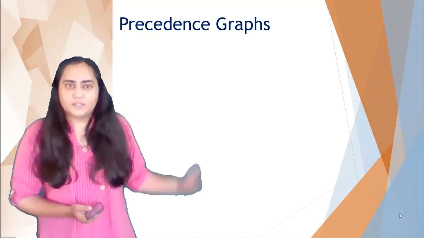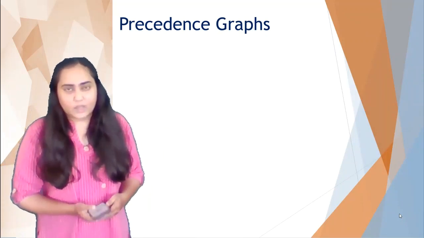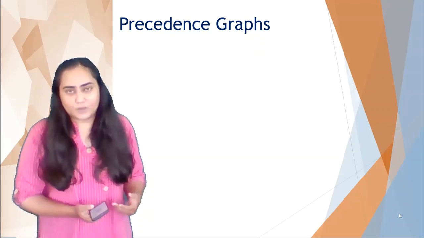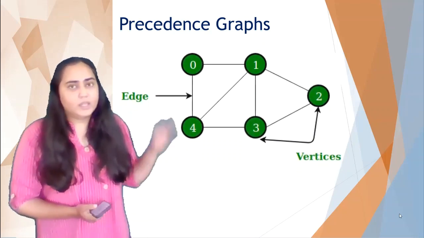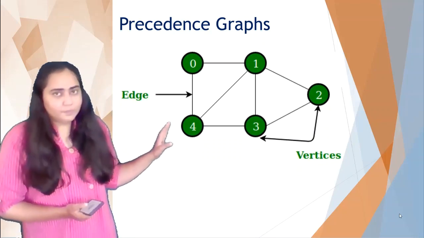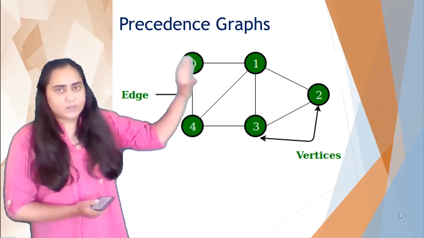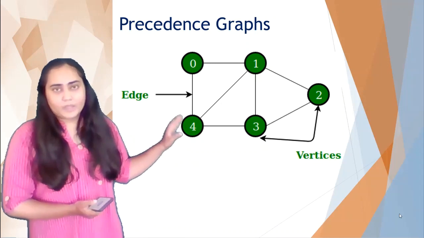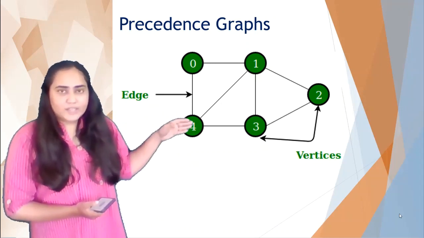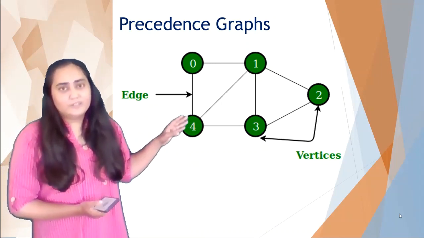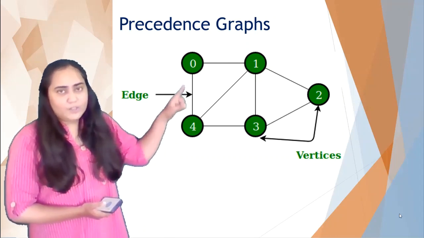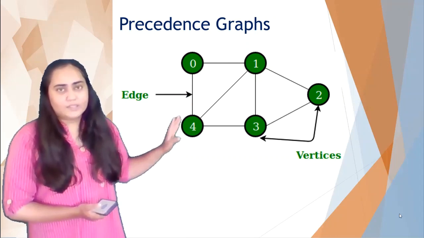Now, before we understand what a precedence graph is, I'd like to explain a data structure called a graph. It looks something like this. There are vertices, which you can see here in circles. And two vertices are connected with each other by means of an edge. Wherever you see a line connecting them, that is an edge.